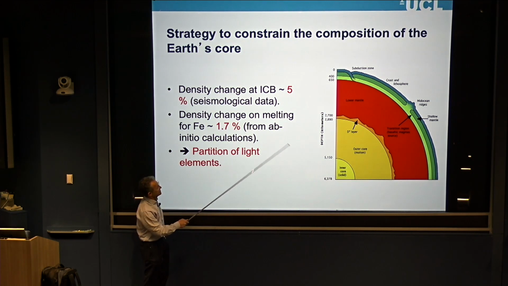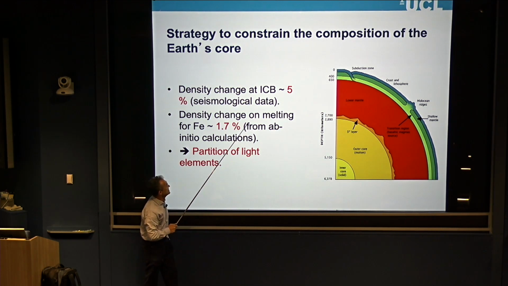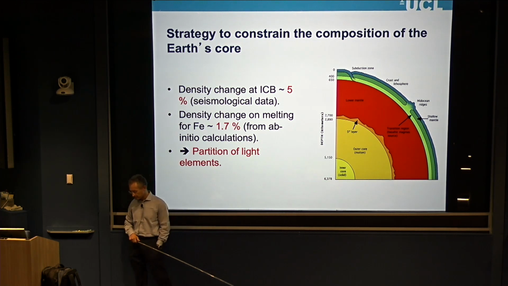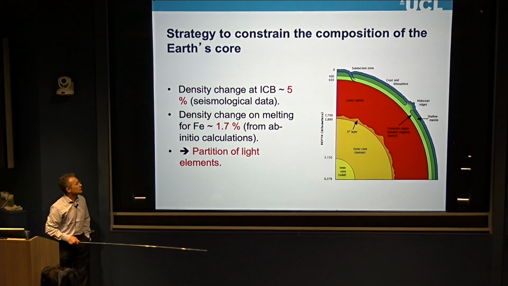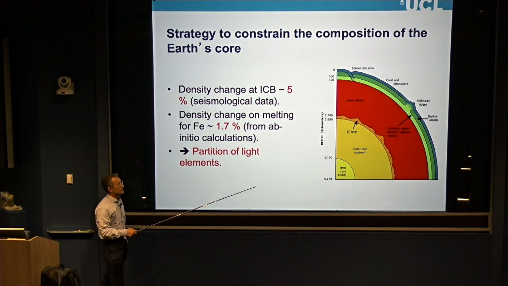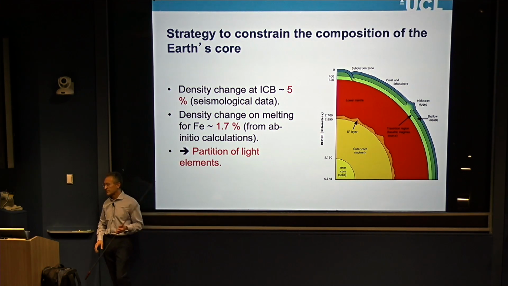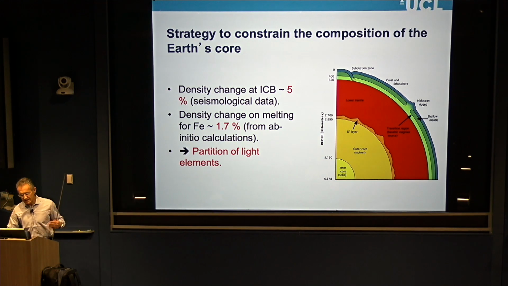If the core was pure iron, this density change would be much lower, less than 2%. So that means that there is some partition of light elements at this boundary. So you can start to introduce hypotheses and test them.